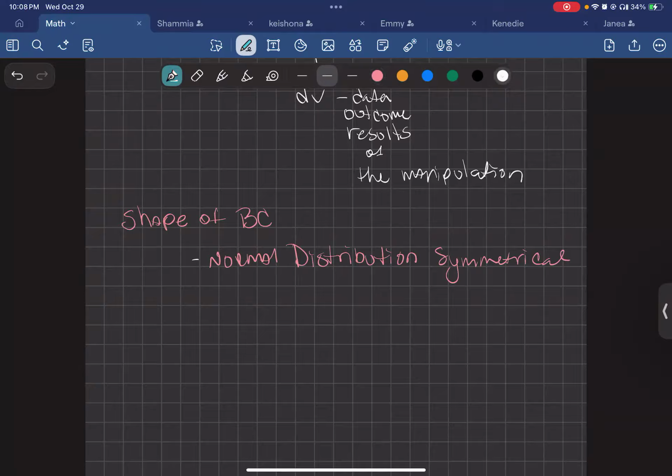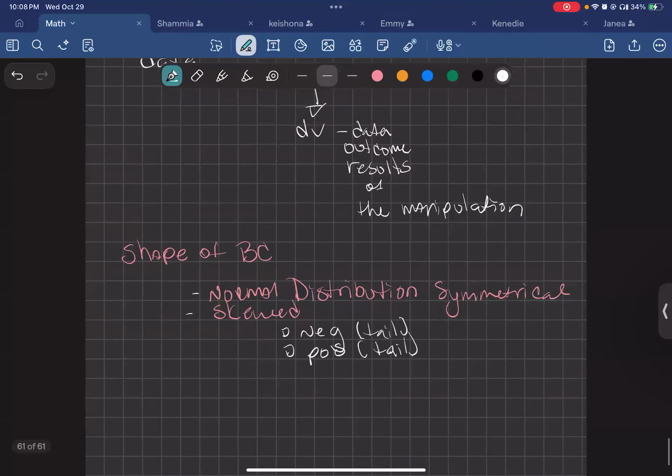So then we look at skewed. We talked about how it could be negatively skewed or positively skewed, and we're looking at the tail end. So keep that in mind: which way is the tail pointing?